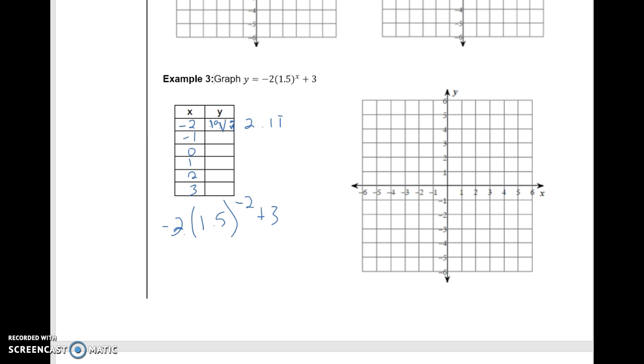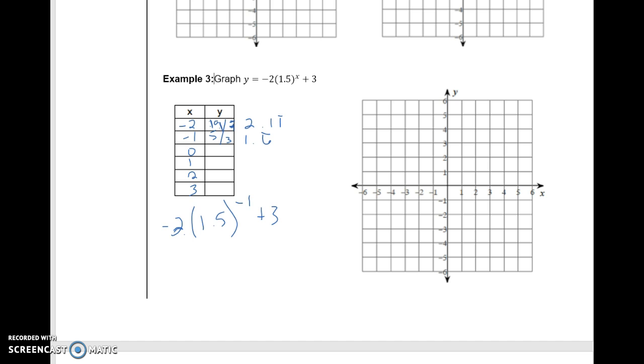So then I go to the next one. And all I'm going to do is swap that -2 for a -1. Swap that -2 for a -1. So then I have 5/3, right? And 5/3, excuse me, is 1.6 repeating. Okay. Then I'm going to insert that 0.